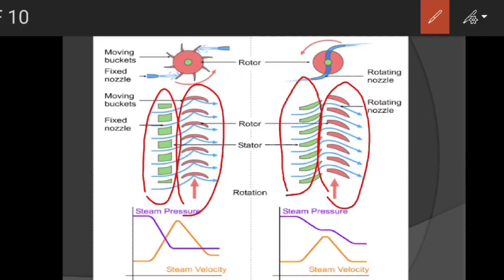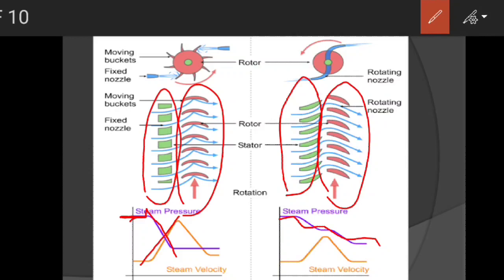In the impulse turbine, the pressure drop occurs immediately, as shown in this graph, in the nozzle, and the velocity of steam increases. In the reaction turbine, the pressure drop occurs in a sequential manner.